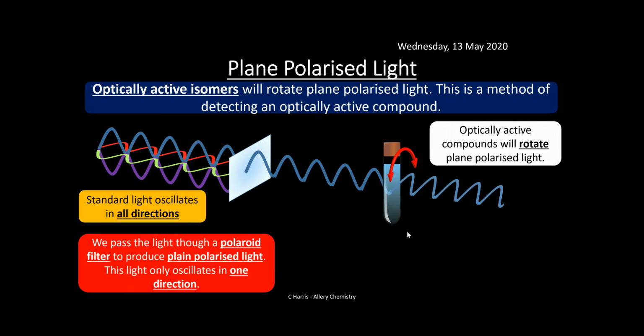Then if we shine that through an optically active compound, the compound will rotate plane polarized light, either left or right, depending on what type of enantiomer we've got in there. So it's a very straightforward method, really.